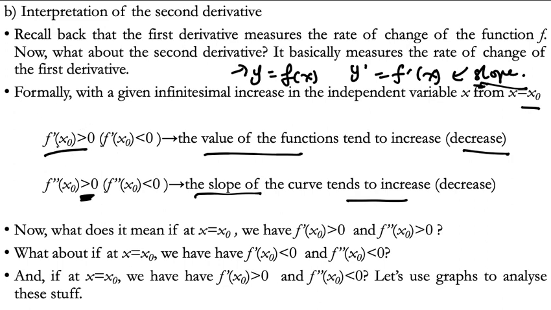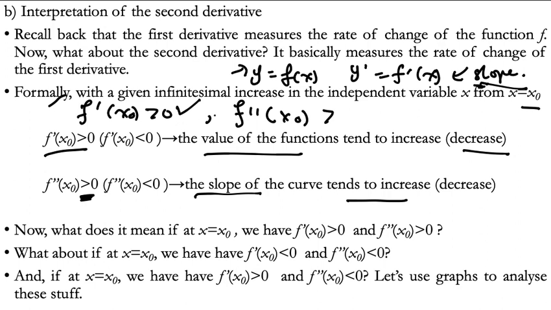Okay, for instance, I give you a clear example here. f prime x naught is positive, and at the same time f double prime x naught is also positive. That means the slope is positive, isn't it? Or the slope is increasing, or the curve is increasing.